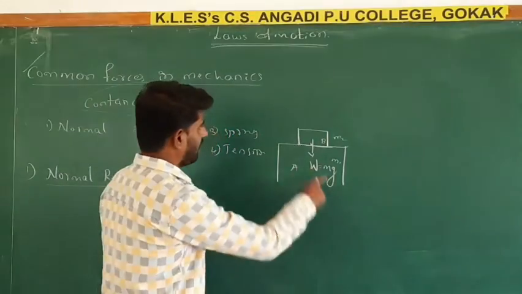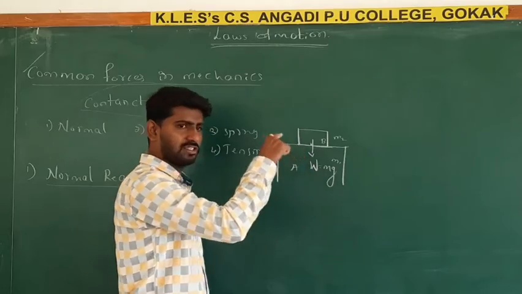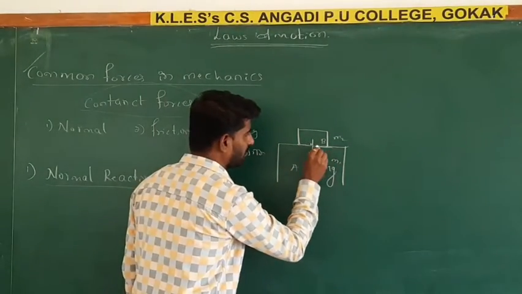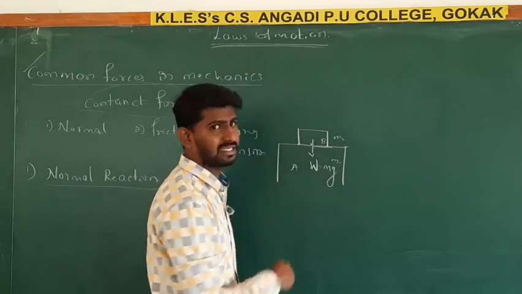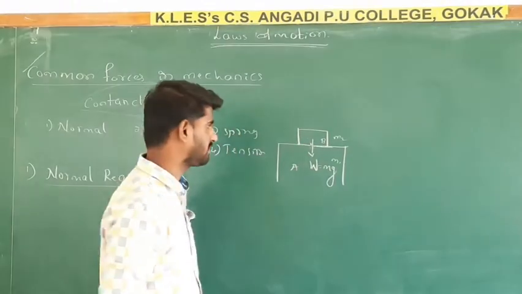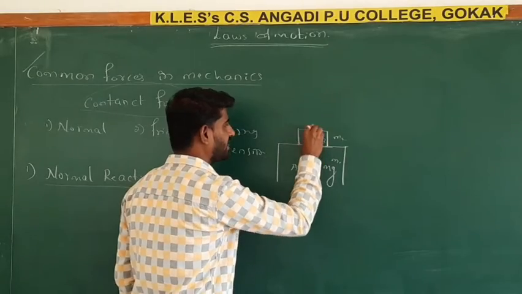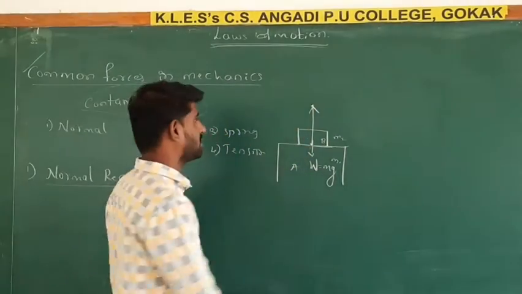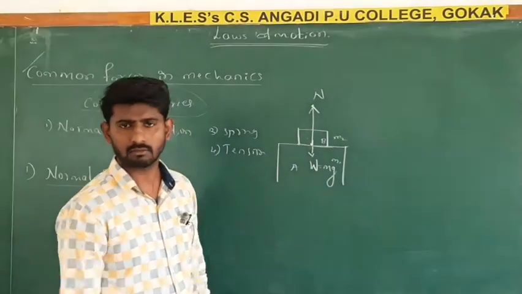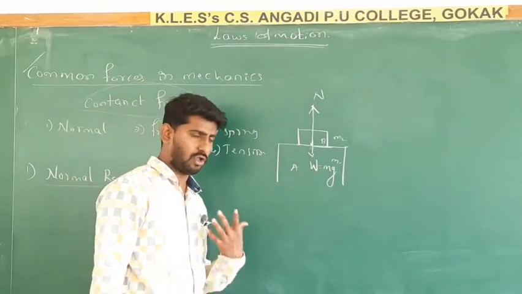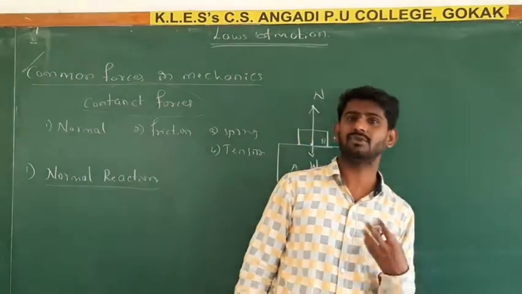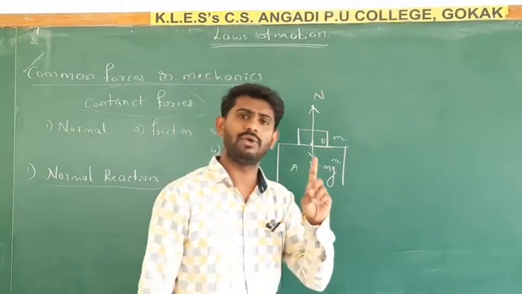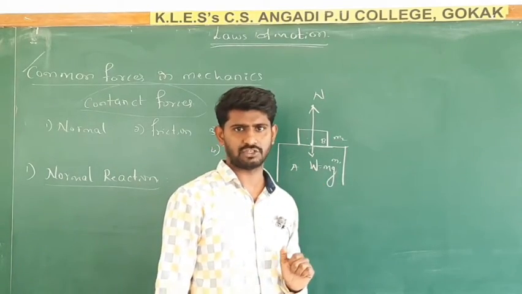And the force between the B surface and A surface, acting normally, is called the normal reaction. Normal reaction exists only when there is a weight, and it is equal and opposite to the weight of that body.